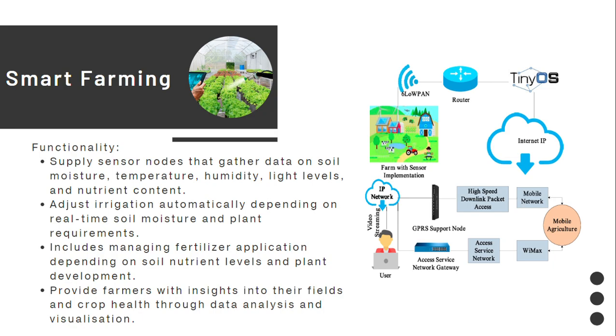This system can also adjust the irrigation automatically depending on real-time soil moisture and plant requirements. It also includes managing fertilizer applications that depend on soil nutrient levels and plant development. Smart farming system can provide farmers with insights into their fields and crop health through data analysis and visualizations.